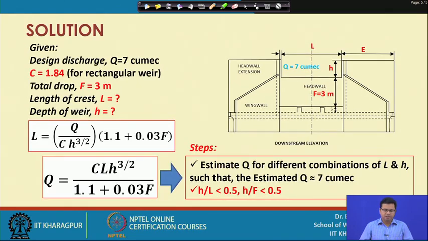So, by using this equation, you can select small h and capital L such that small h divided by L and small h divided by F both are less than 0.5, and after assuming these small h and L values, you can estimate the value of Q, that is your revised design discharge, such that this revised estimate of Q is nearly equal to 7 cubic meters per second.